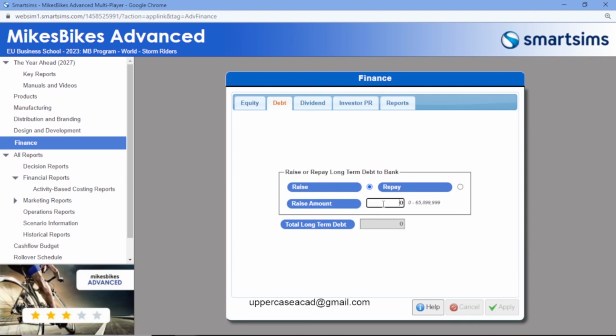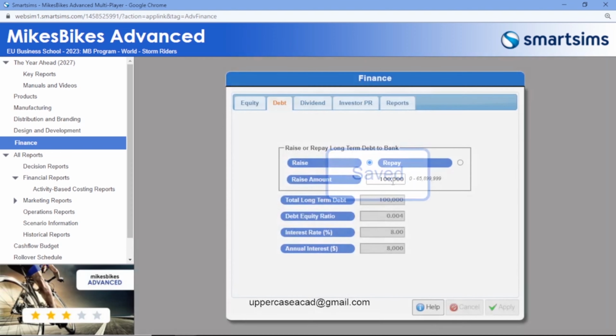For this case, let me say I want to raise $1 million. So I issue 1 million.